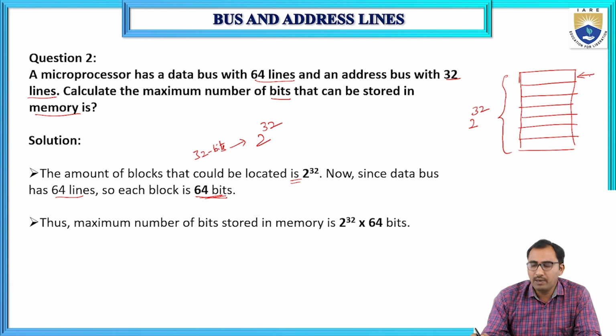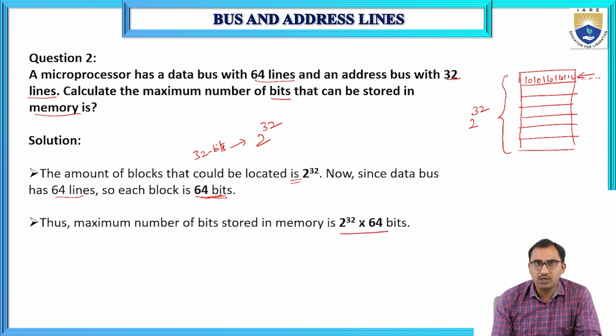In every memory location we can store 64 bits like this. So to calculate the maximum number of bits that can be stored in the memory, this is the maximum: 2 power 32 times 64 bits we can store.